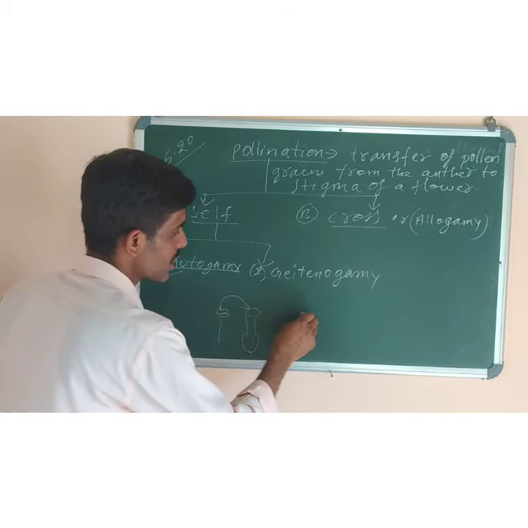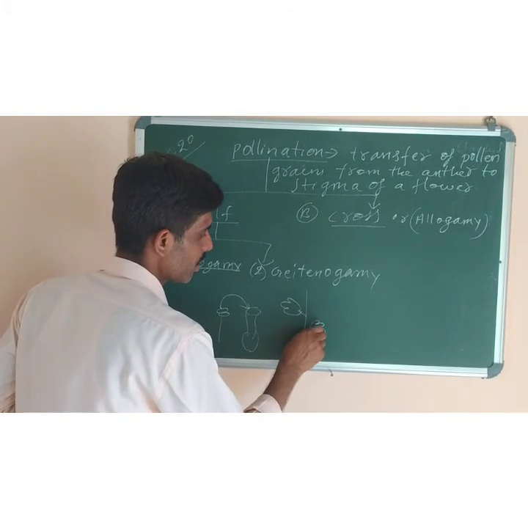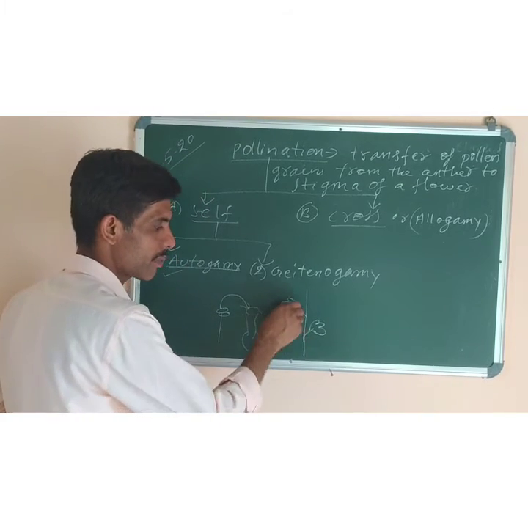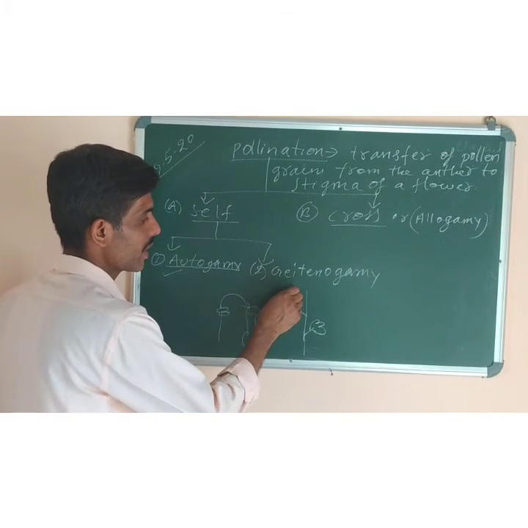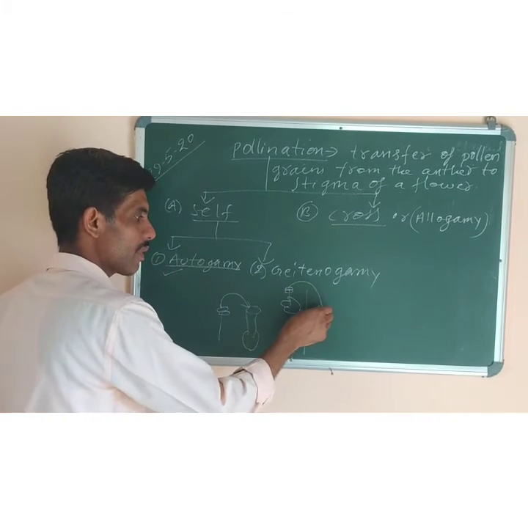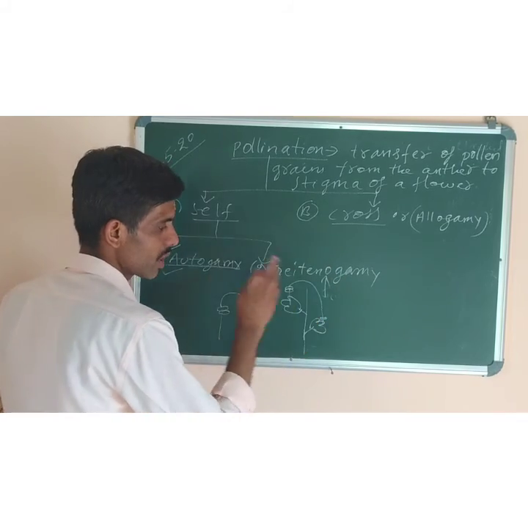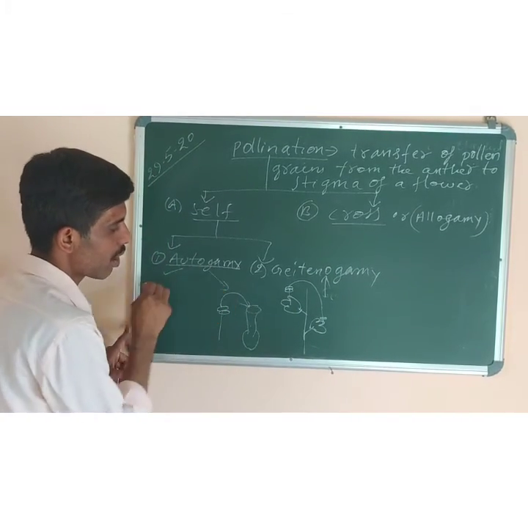But if it occurs between two flowers, like one flower is here, another flower is here, and both of them are present in the same plant, then from here transfer occurs here on the stigma. This type of pollination is called geitonogamy. This is called geitonogamy and this one is called autogamy.